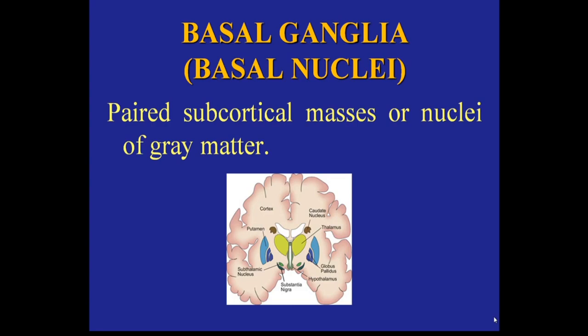Now, we are discussing the basal ganglia or basal nuclei system, paired subcortical masses or nuclei of gray matter. Mostly, these nuclei are located in the subcortical area and also in the upper part of the brainstem. You can see on this picture the thalamus opticus.